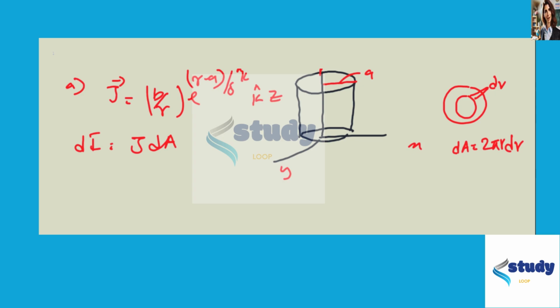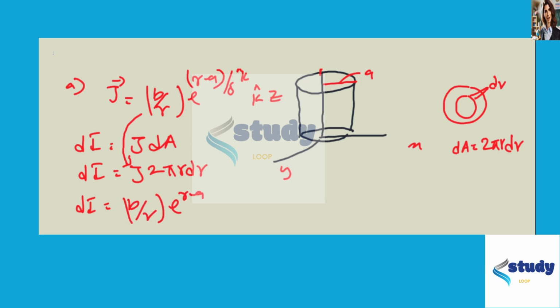Then dI will be J times 2 pi r dr. Then we bring down the J that we wrote here, so we'll substitute this J and find dI. So dI will be then B over r times exponential r minus a over delta in a k cap direction, J times 2 pi r times dr.